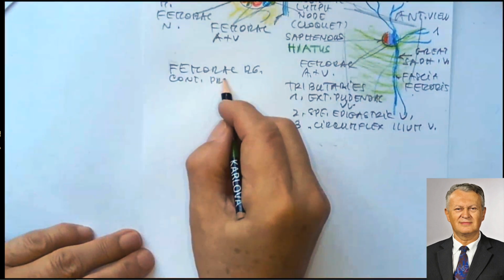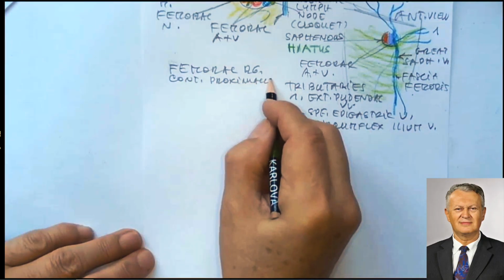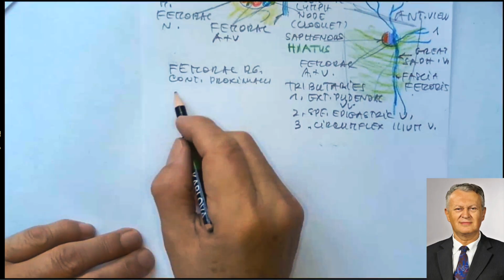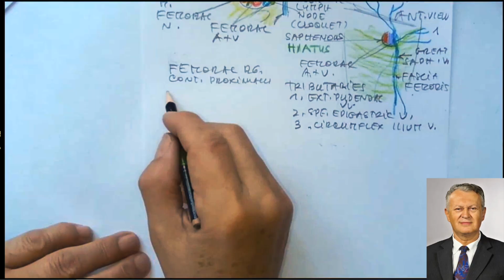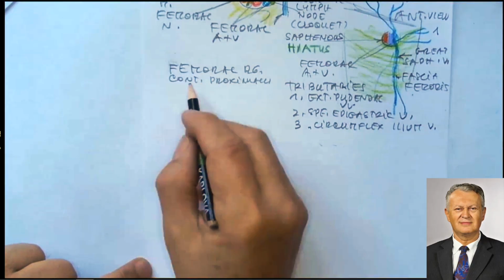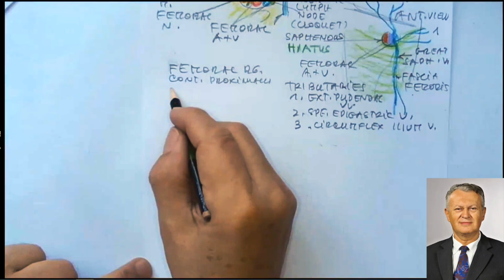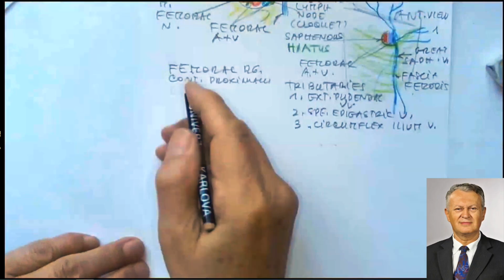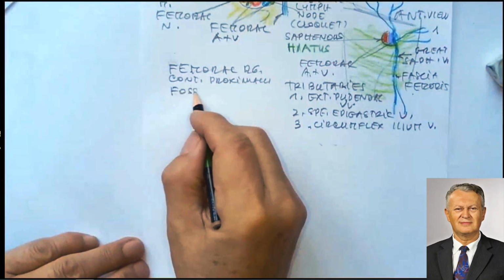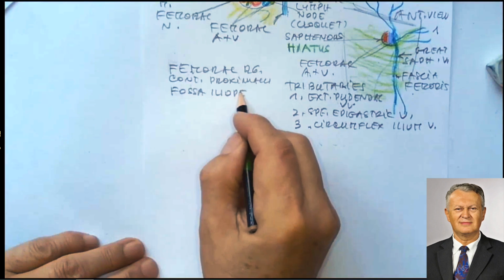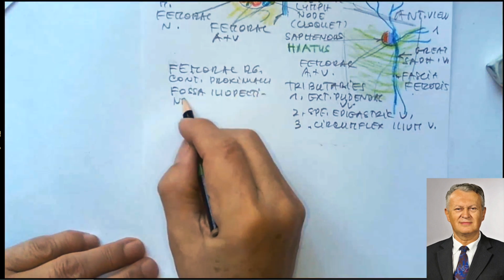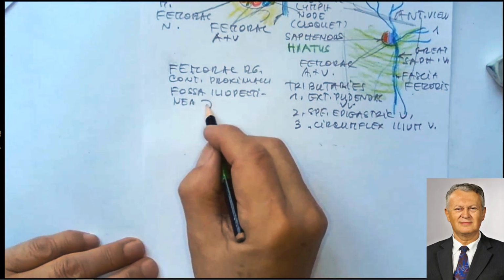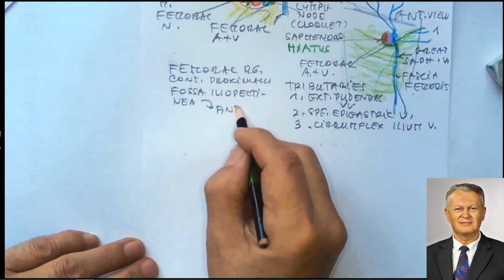I prefer to use the international name, fossa iliopectinea, which opens into the lacunae.